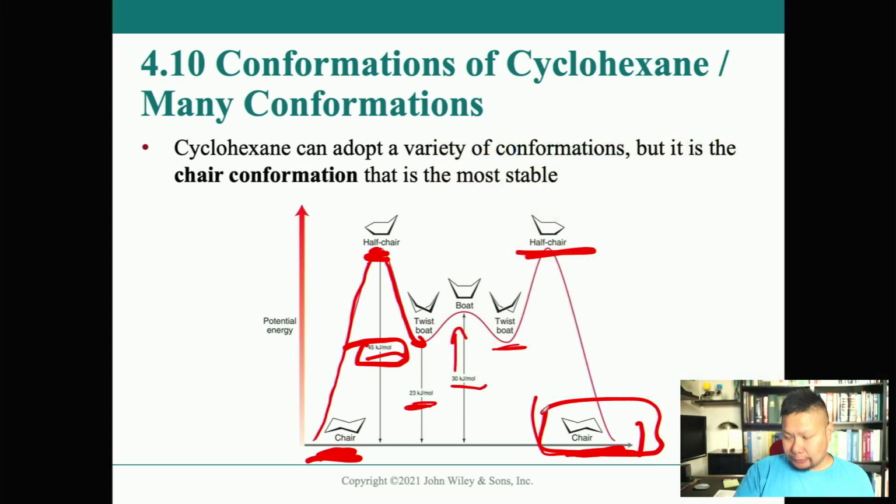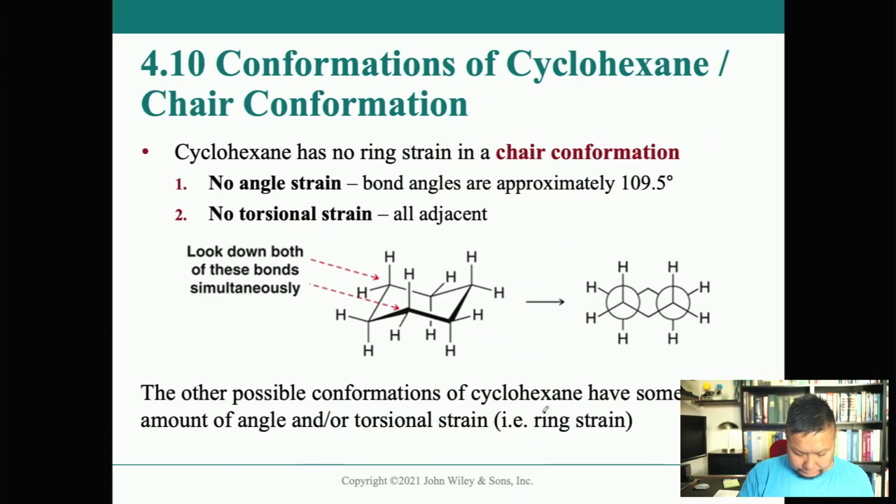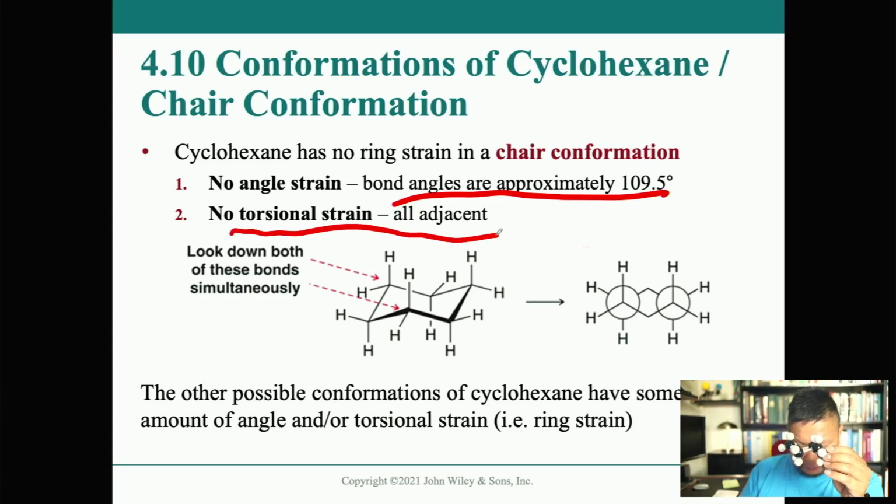Let's see here, back to normal again. So now it's a little bit more explanation here. Cyclohexane has no ring strain when it's in its chair conformation, right? The bond angles are approximately 109.5 degrees. And there's also no torsional strain, right?